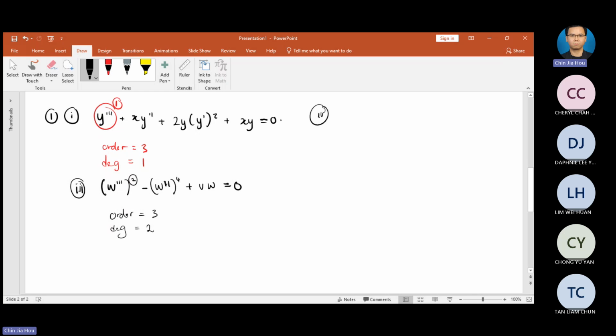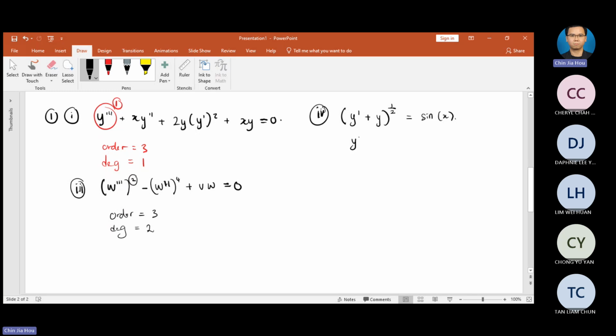The last one. We have a square root, meaning the power of 1 over 2, equals to sine x. Now, when the power in the ODE is not an integer, make sure you change it into an integer. Now it is fractional, 1 over 2, so not legit. So we need to square both sides of the equation.